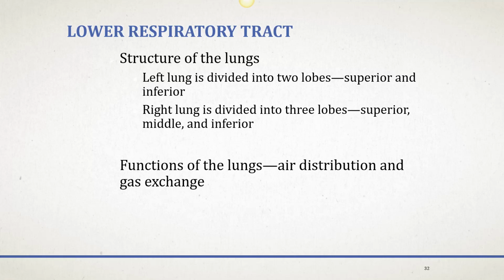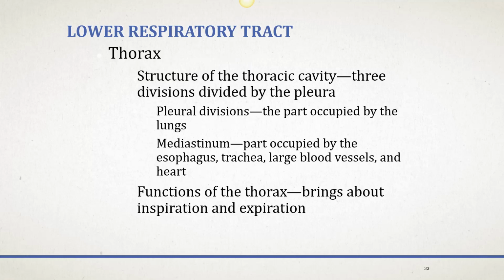So again, the left lung is divided into 2 lobes, while the right lung is divided into 3 lobes, and their major function is air distribution and gas exchange. The thoracic cavity has 3 divisions that are divided by the pleura. The pleural divisions, the part that are occupied by the lungs, you have the left pleural cavity and the right pleural cavity.